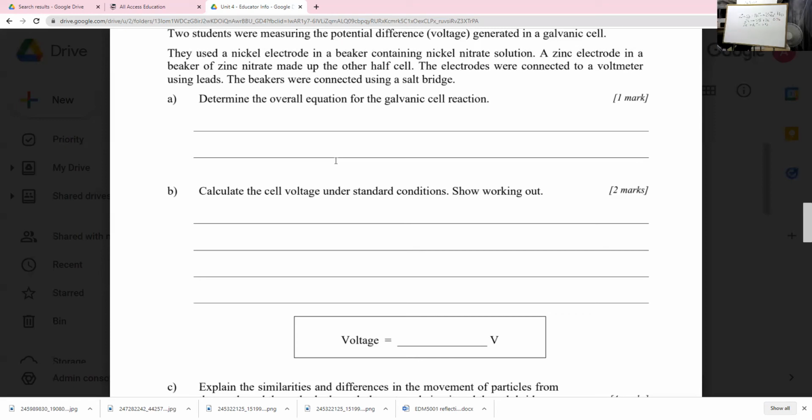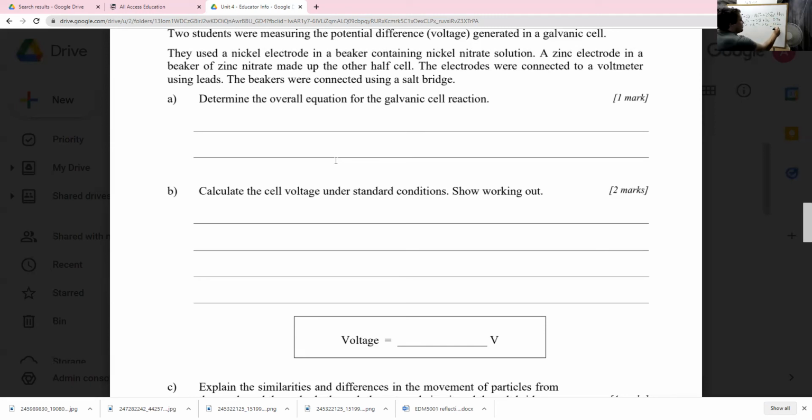So you'll change the oxidation reaction to a positive number. Nickel. So we take 0.76, we add it to minus 0.24.